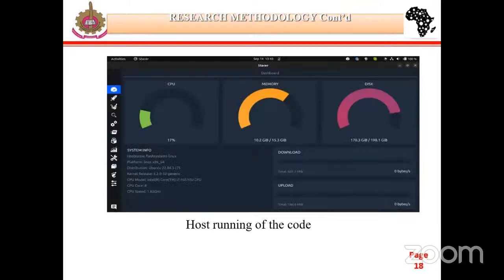So we went further to look at the approach we employed for the fourth objective, that is, to calibrate a deep learning speech analysis of the data set recorded in 3. We have the host code of the Linux machine with 17 CPU and memory of 10.2 gigabytes and a disk of 170.3 gigabytes.